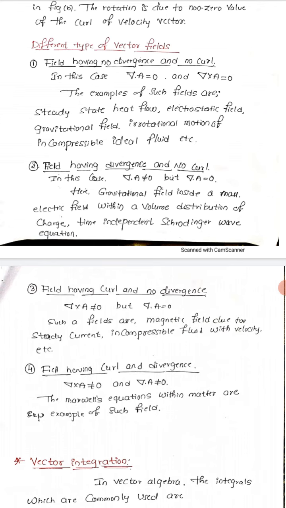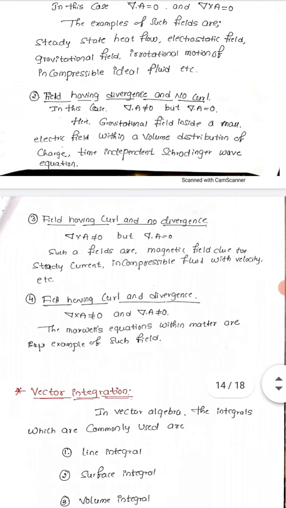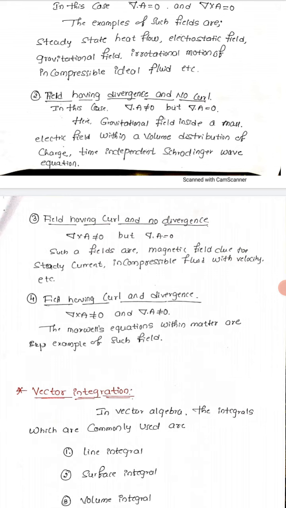Third one is the field having curl and no divergence. Del cross A is not equal to 0, but del dot A equals 0. Such fields are the magnetic field due to a steady current, and an incompressible fluid with velocity. There are so many examples for having curl and no divergence.